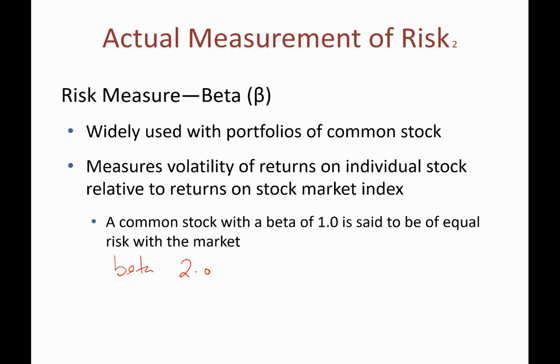So simply put, if it is greater than 1, then there's more risk. If it is less than 1, then there is a lower risk. And if it is equal to 1, then the risk level is the same as the market. So it matches the market risk.